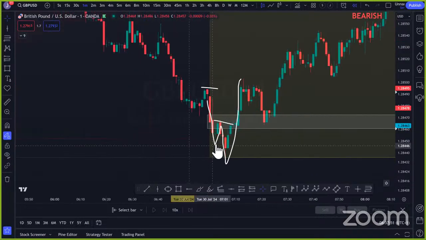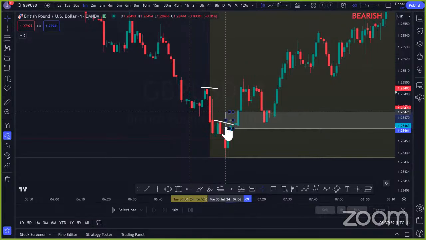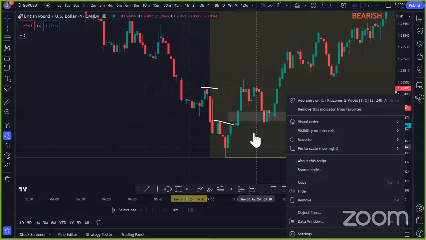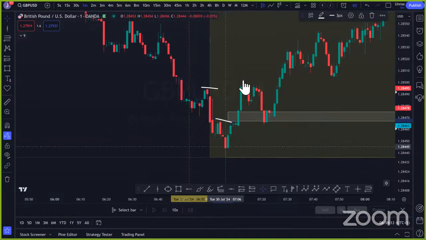Let me remove this. Can you see what I'm speaking about? The special interest is where it broke structure, and we see imbalance in that area. You see, it broke. This is the structure. This is a special interest we take. It's just swept liquidity. We wait for price to return.